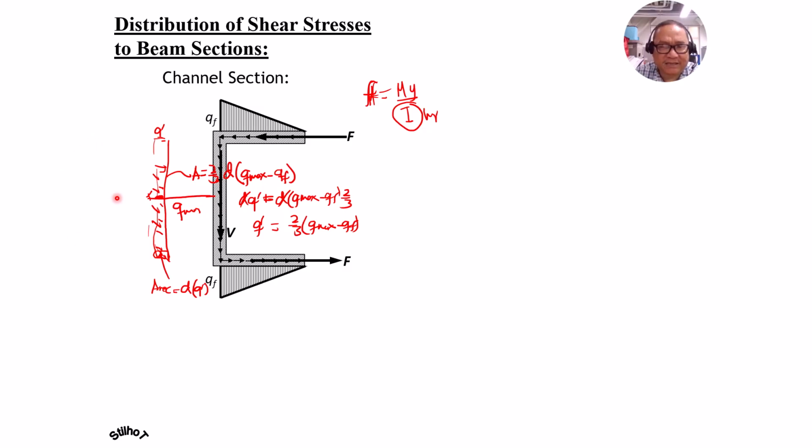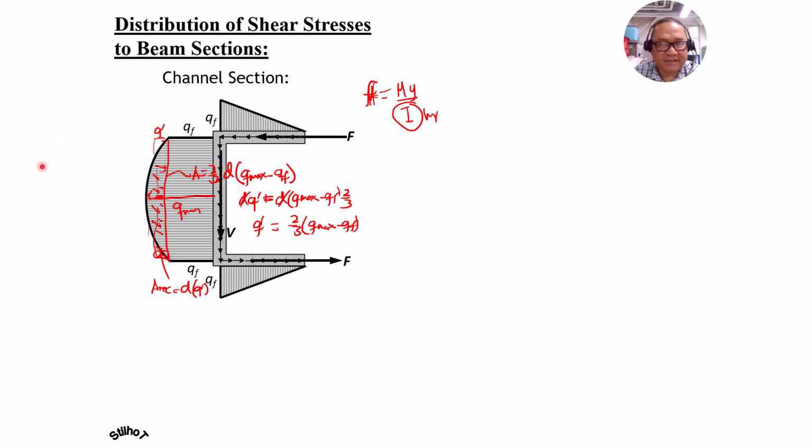Then we'll have maximum shear stress at the center, and the shear stress distribution for a rectangular section is parabolic, if you can recall. If you derive an expression for shear stress, where Q is the area above the section or below the section times the moment arm of that area, if it is rectangular, you will notice that the resulting expression would be parabolic.